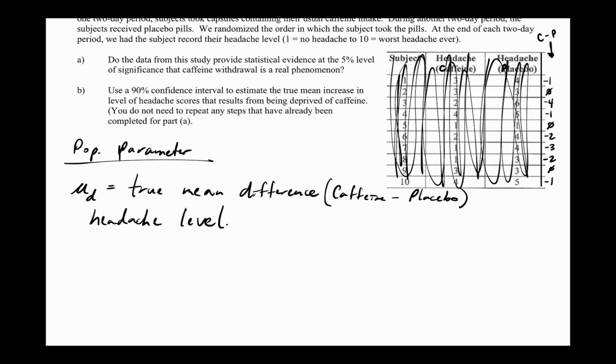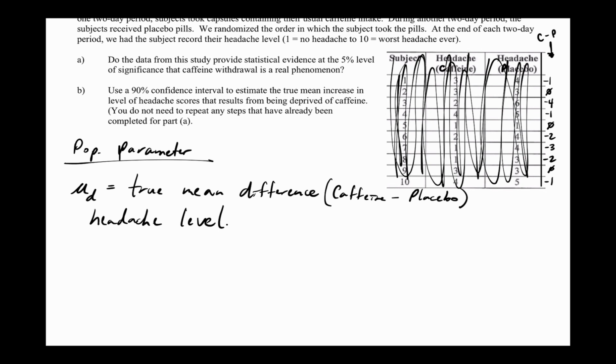Okay, that's what all those numbers represent. All of those numbers are a sample of caffeine minus placebo headache levels. So a person with a negative score had a higher headache level, had more of a headache with the placebo than they did with the caffeine.